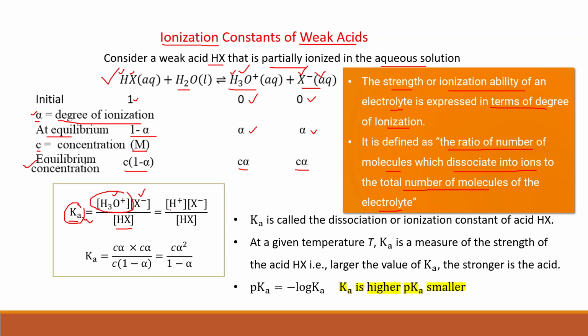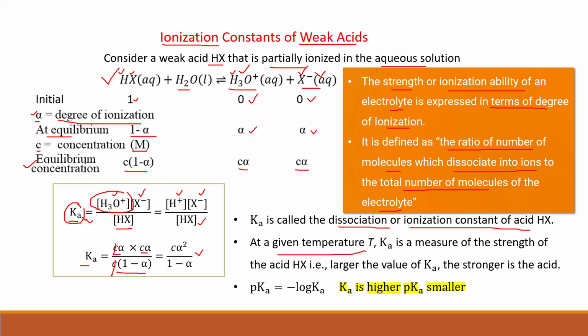So Ka is equal to [H+][X-] divided by [HX]. Now [H+] is C alpha, multiplied by [X-], again C alpha, divided by [HX], which is C(1 minus alpha). The C cancels, so Ka is equal to C alpha square divided by 1 minus alpha, where Ka is called the dissociation or ionization constant of acid HX.